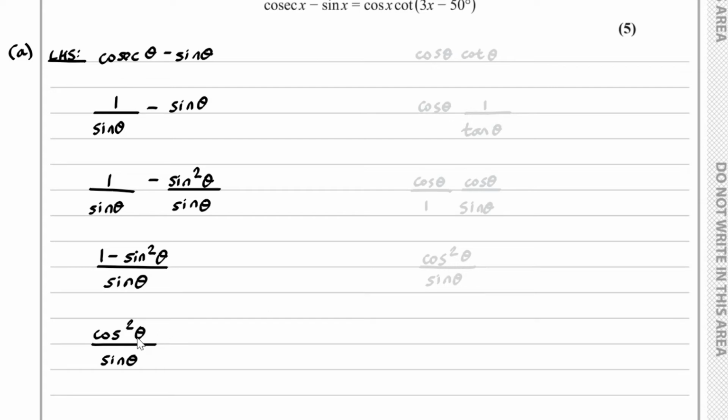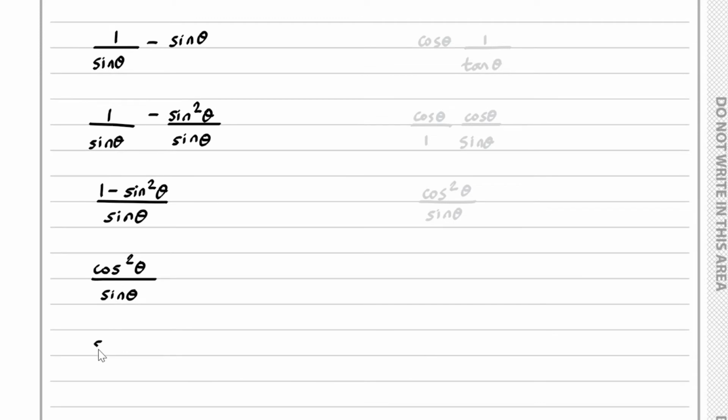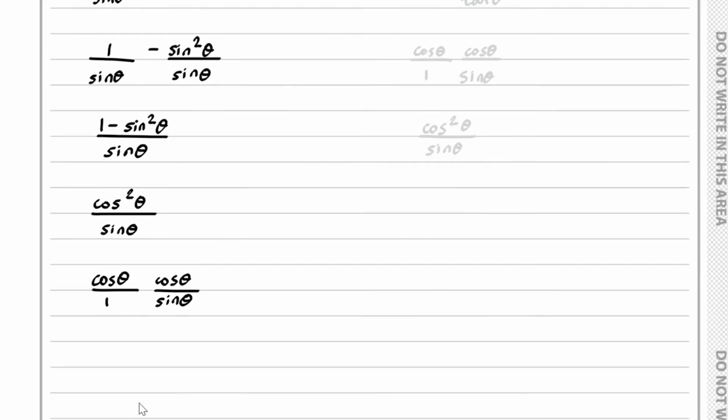So now we can work backwards to get to this step. So cos squared theta over sine theta we can rewrite as cos theta over 1 multiplied by cos theta over sine theta. So here we have cos theta times cot theta.